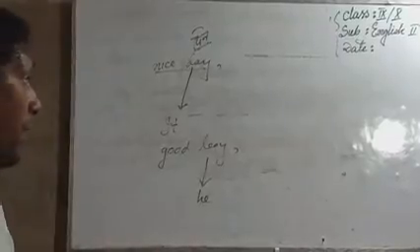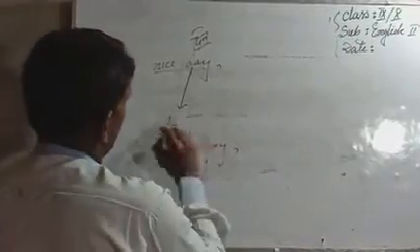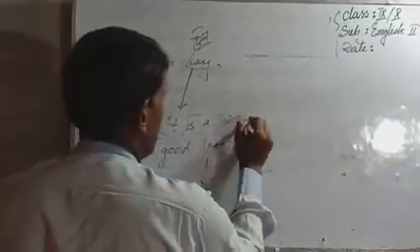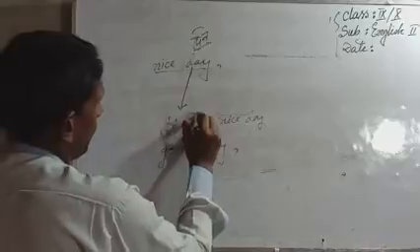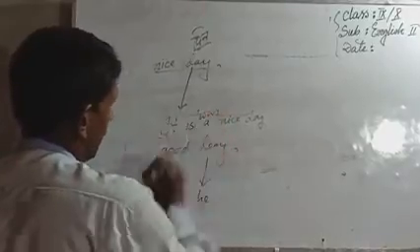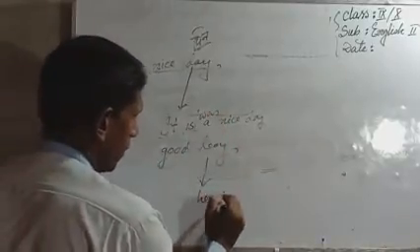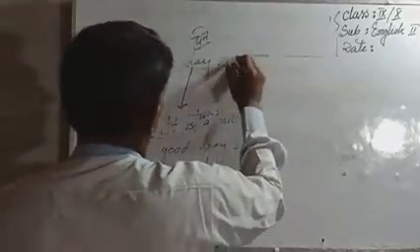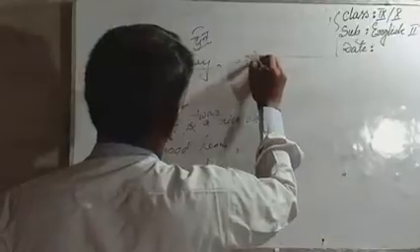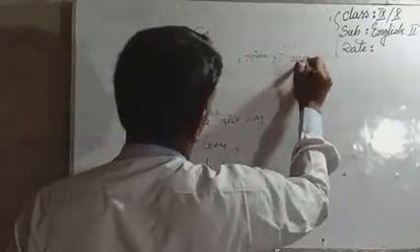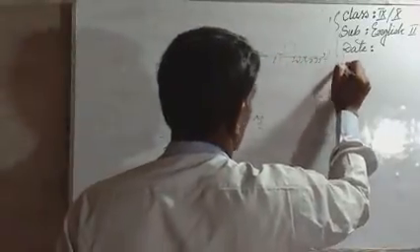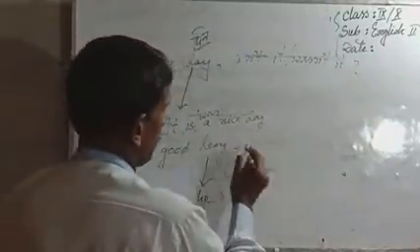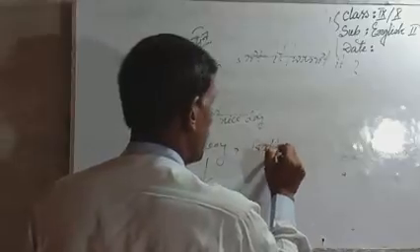And here the verb is, it is a nice day. Or it was a nice day. He is a good boy. So the tag question will be isn't it or wasn't it? And for the other, good boy, isn't he?